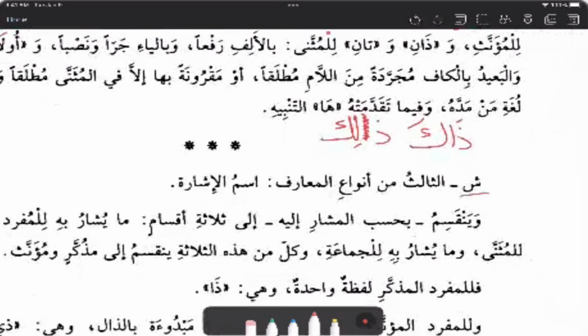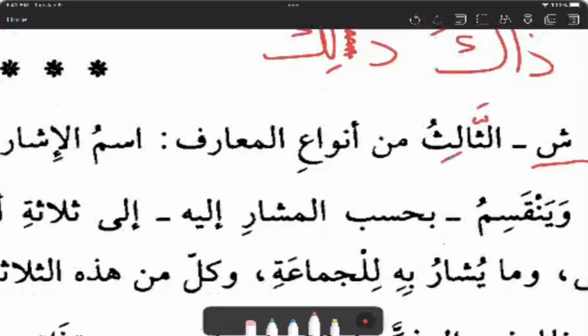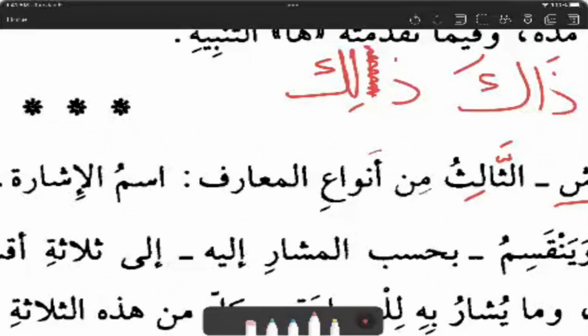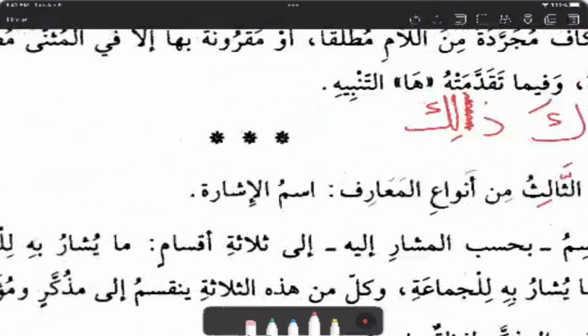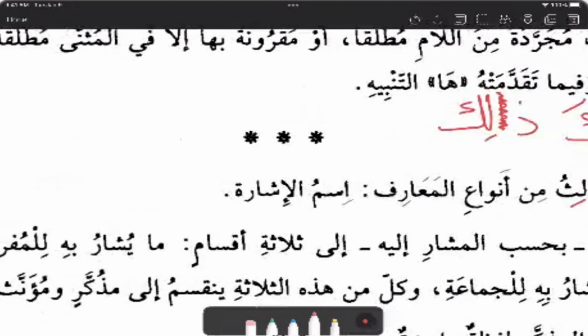The explanation. The third type of definite word is ism al-ishara, the demonstrative nominal.